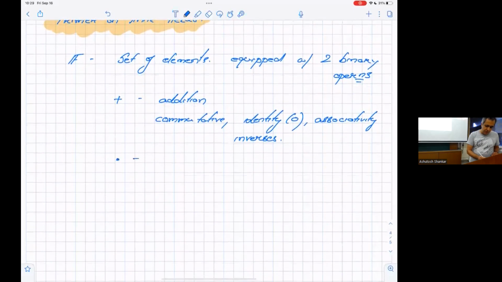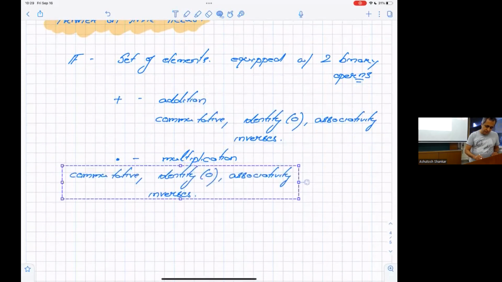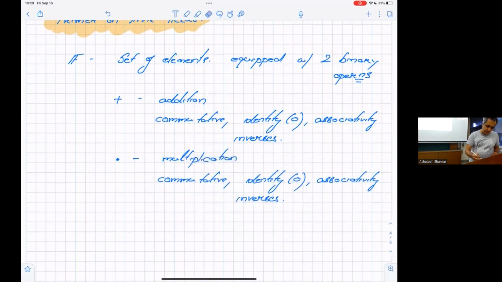And then another operation called multiplication, where we want the same set of properties, but for the non-zero elements. And a times 0 is equal to 0 times a, equal to 0, for all a.